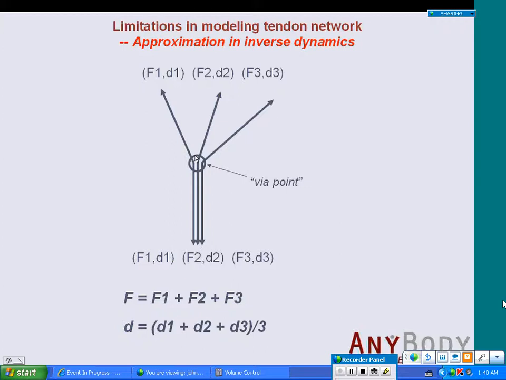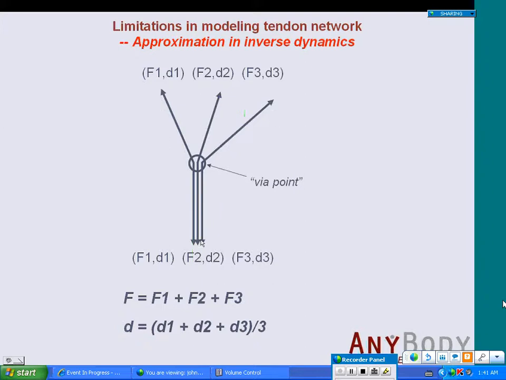So in this present work, we have approximated this problem using a Y point which is fixed on the bone. Then this tendon branch is simulated with three tendons going through this point. So the total force carried by this muscle is the sum of all these three.